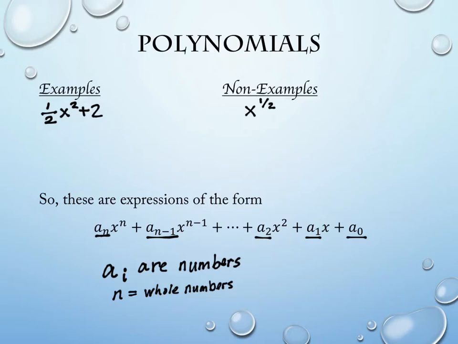That's a no-no. We can have whole numbers too, like 3x cubed minus 7. We can even just have 3x cubed. Okay? But we can't have negative exponents. So we couldn't have 3x to the negative 3 minus 7.